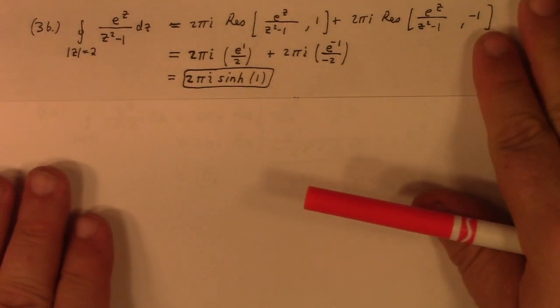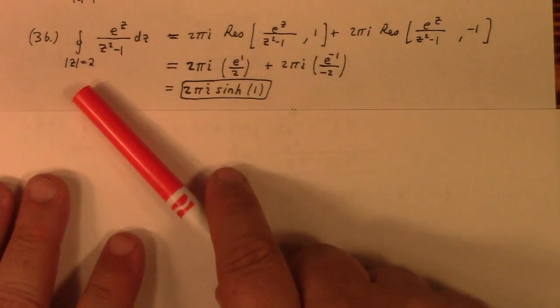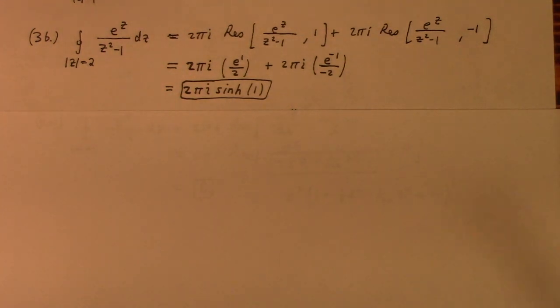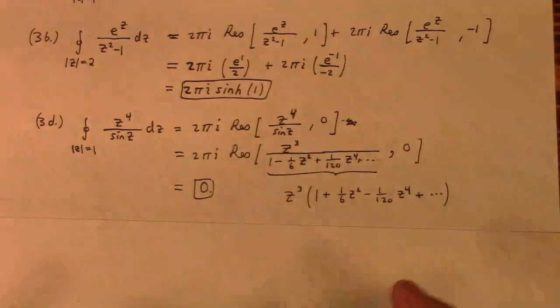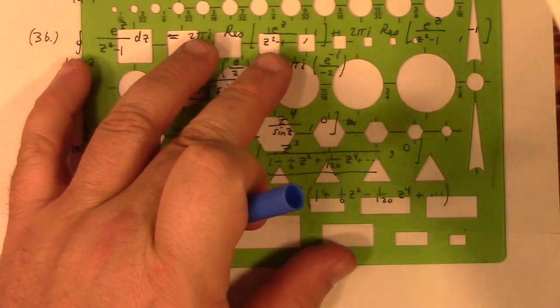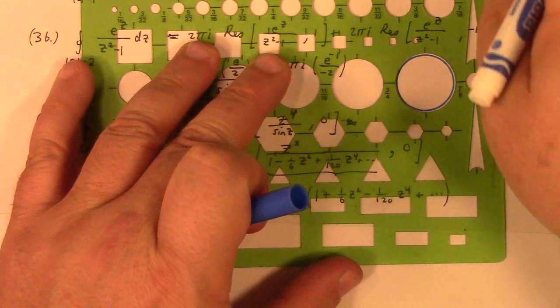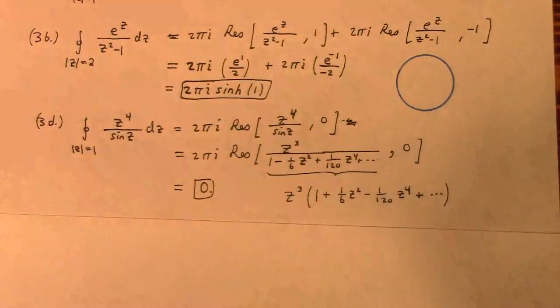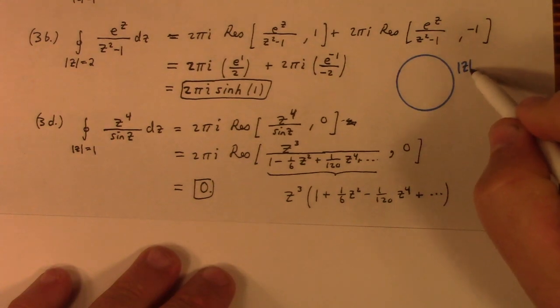So here we have the integral around, I'll draw another circle here. I'll do my work in blue this time. So we've got a circle of radius 2 in this problem, the modulus of z equals 2.